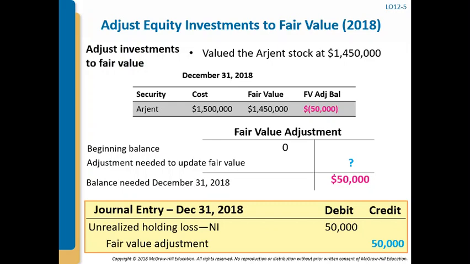So it's just like the trading securities that you saw when we were talking about debt securities.